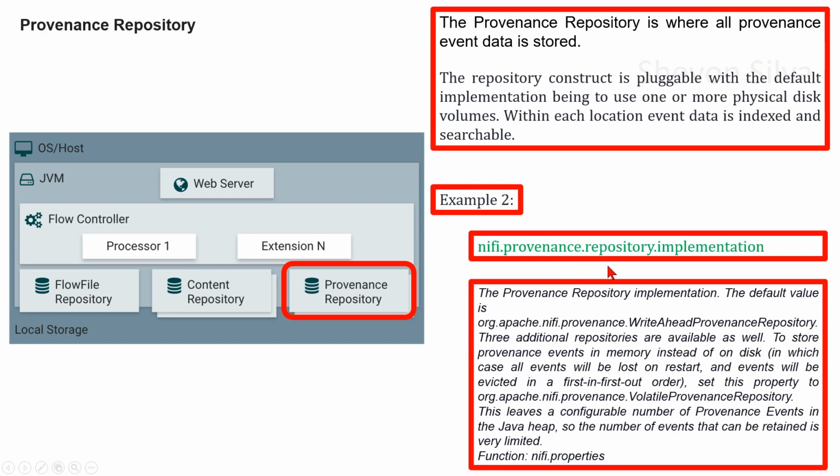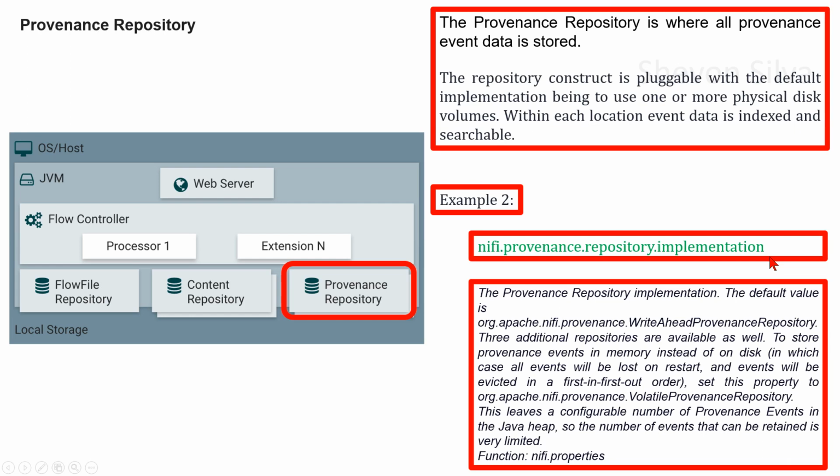As example 2, we can consider nifi.provenance.repository.implementation, the Provenance repository implementation. The default value is org.apache.nifi.provenance.WriteAheadProvenanceRepository. Two additional repositories are available as well to store provenance events in memory instead of on disk, in which case all events will be lost on restart and events will be evicted in first in, first out order.